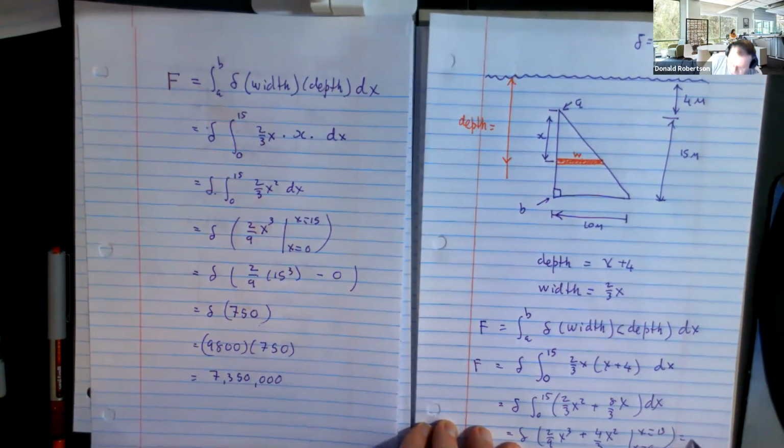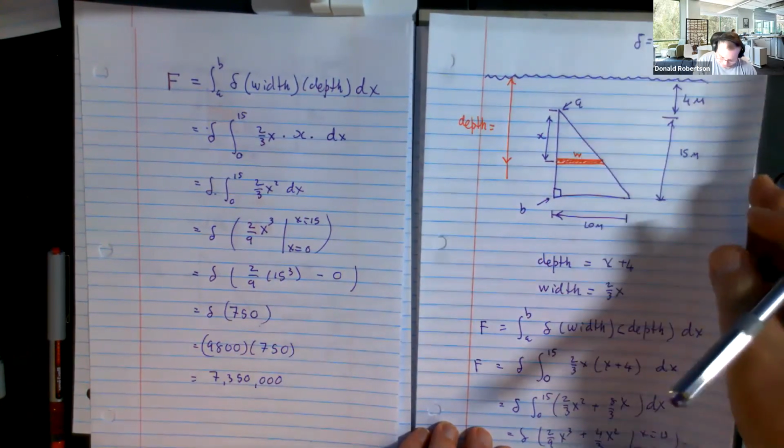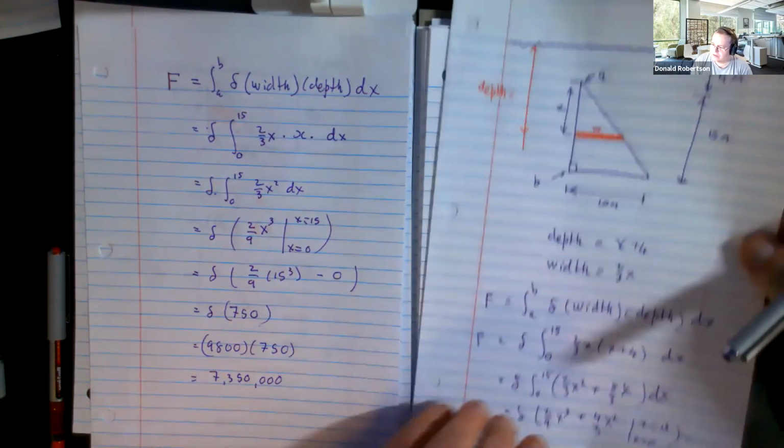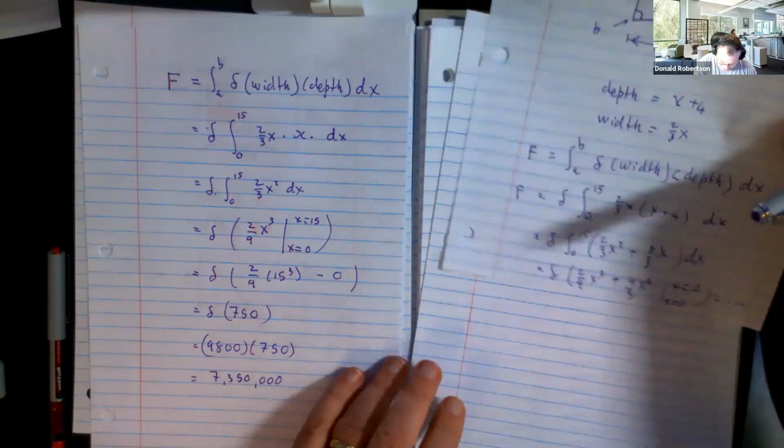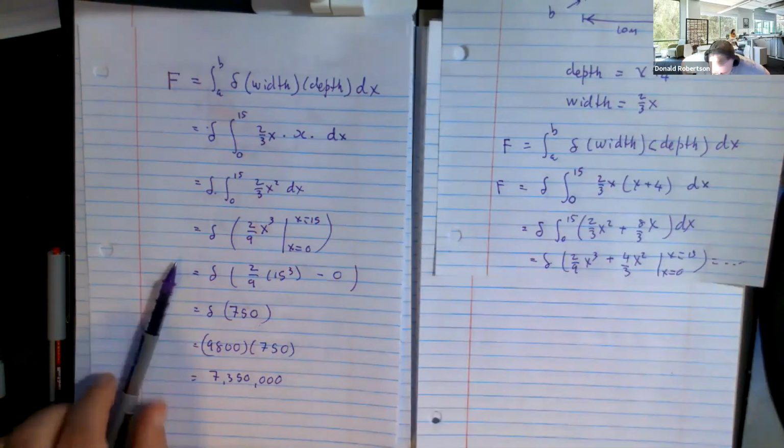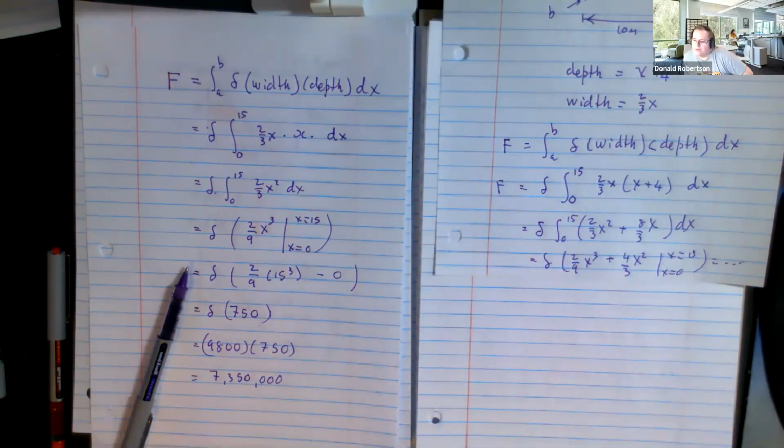Can I just skip that, because it's really just plug and chug, isn't it? Plug and chug. Any questions? Are we good about at least this kind of triangle under the water?